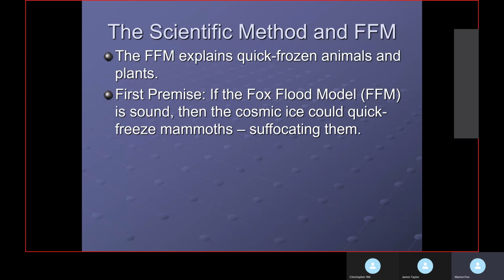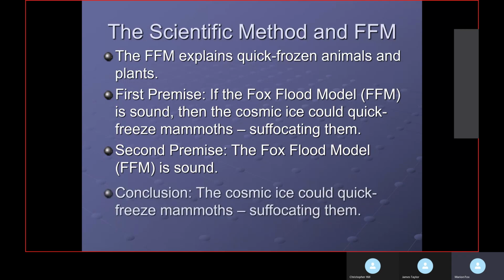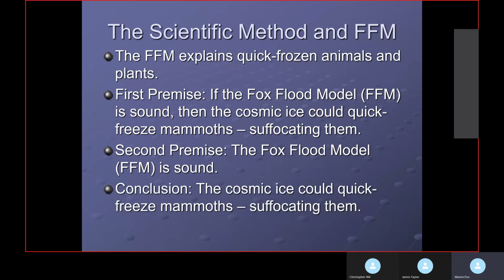So if the Fox flood model is sound, then the cosmic ice could quick freeze mammoths, suffocating them. These mammoths were suffocated. They died of suffocation. Keep that in mind. The evidence shows that. I'm claiming my model is sound, and therefore the cosmic ice could quick freeze mammoths.